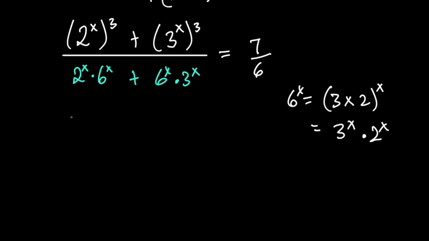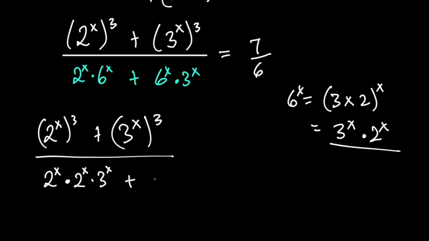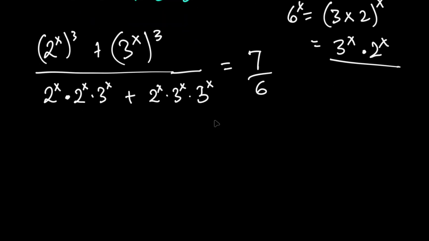So that means we're going to be getting the equation to be 2 to the power x, all to the power 3, plus what we have right there, all divided by 2 to the power x times 6 to the power x, which is the whole of this. So I'll write the 2 to the power x first, then times 3 to the power x, then plus another 6 to the power x, which is the same as 2 to the power x times 3 to the power x times 3 to the power x. And the right hand side, like I said before, is always 7 divided by 6.